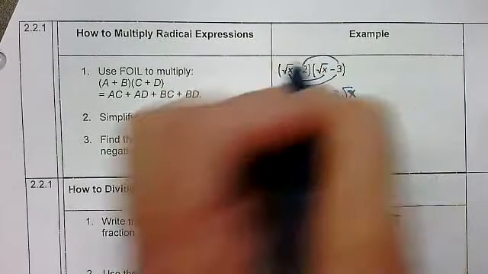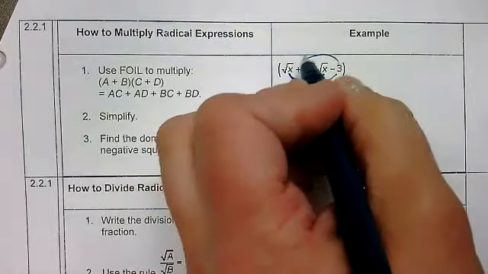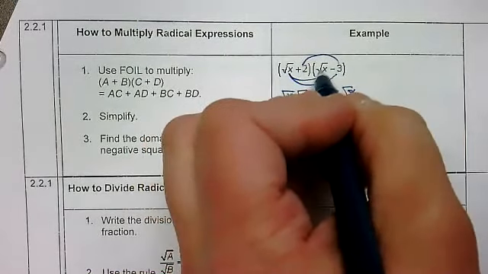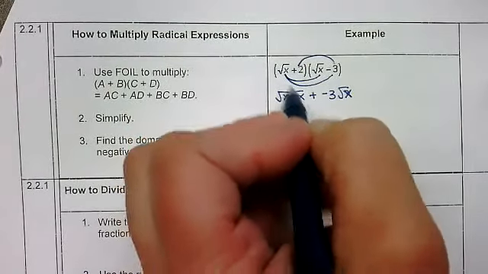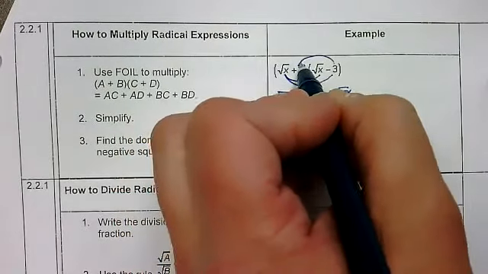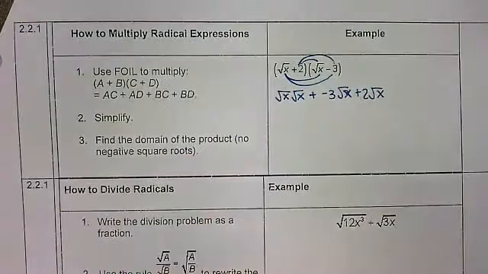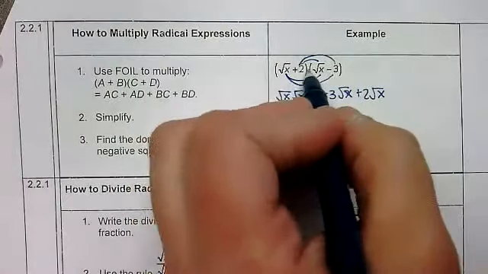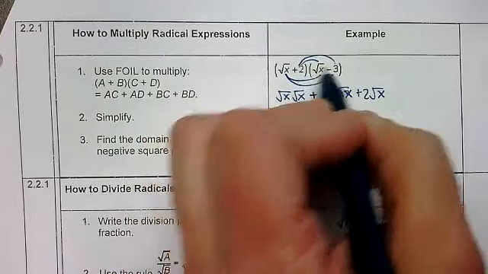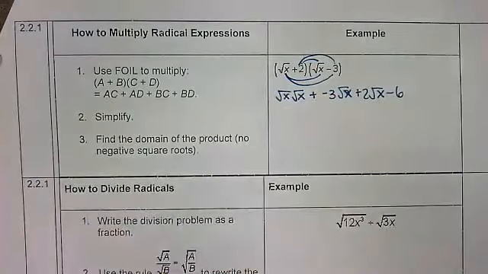And now we're going to do our outer. Oh, I guess that's our last. So let's do our inner: plus 2 square roots of x. I never follow these rules, I always do them just willy-nilly. And then 2 times -3 is -6.